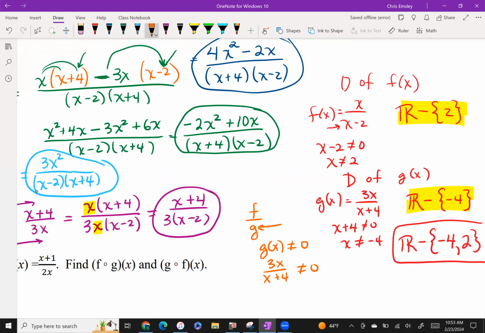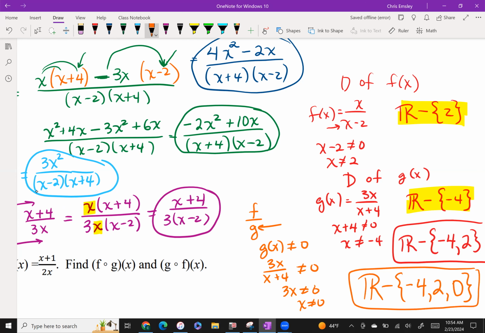So that means that 3x cannot be 0, and that means that x cannot be 0. So for the quotient, we have the same restrictions that we had on the first two domains. Can't be negative 4 because of g of x, can't be 2 because of f of x, and then x also cannot be 0 because that would make g of x equal to 0, and we can't divide by 0. So that's the domain of the quotient.